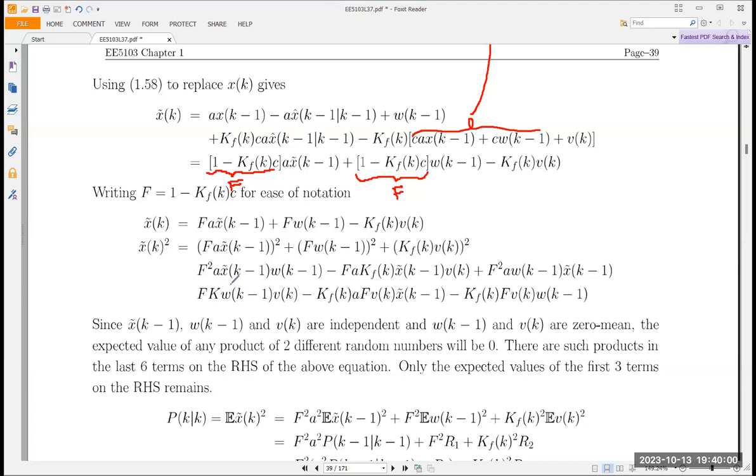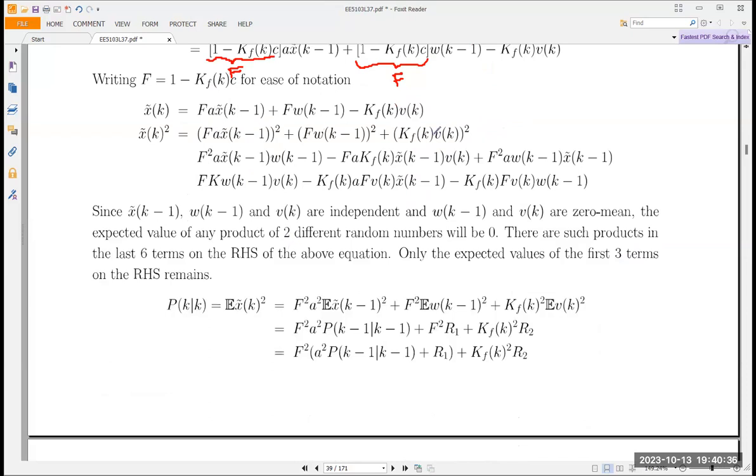Now the first three terms remain because they are squares, squares, squares. Squares are all positive numbers. You find the mean, it cannot be zero. Okay, this one is zero mean, you will be zero when you find the mean. This is zero mean, you'll be zero. This is zero mean, you'll be zero. Okay, very easy. So, if you take expectation, only take the expectation of the first three terms because the expectation of the last six terms are all zero.